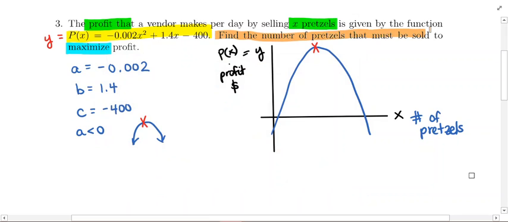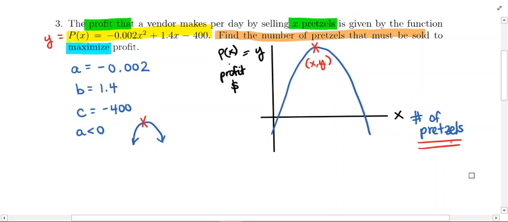We've already addressed the fact that since we're maximizing here, we're after the vertex. Remember, the vertex is a point. The vertex has an x coordinate and a y coordinate. To answer the question, are you looking for the x coordinate or the y coordinate? When you read the question, it says find the number of pretzels. Number of pretzels, that's the x value.